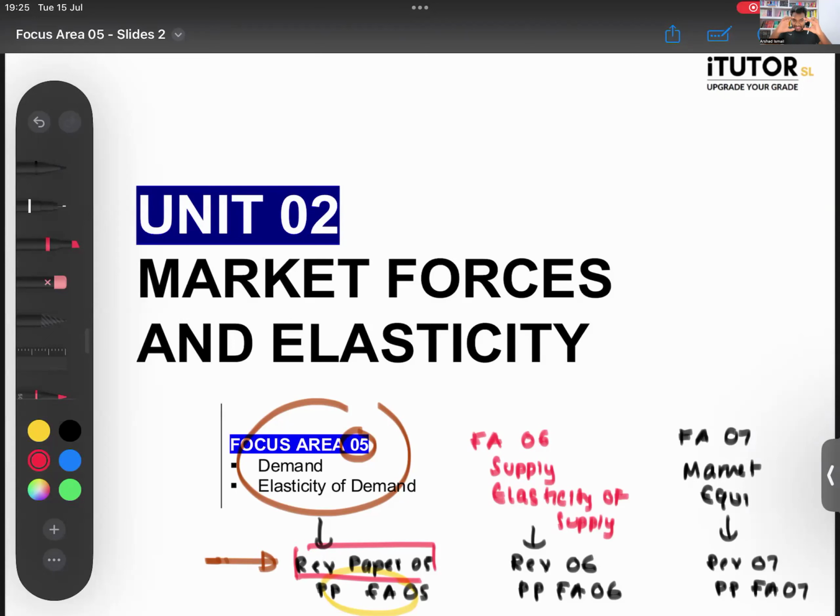So remember that week, you have to focus on that area. Come for class, study, do the past papers, do the revision paper, submit. Then next week, we go to focus area number 6. So what you can do is have that structure. So every week now, what I'm trying to train you for is a certain pattern.